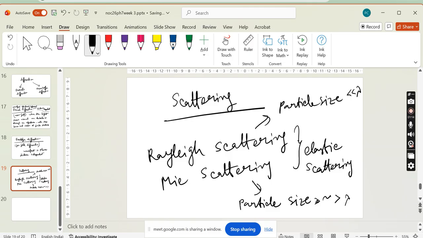Why we see the blue sky is basically because of Rayleigh scattering.